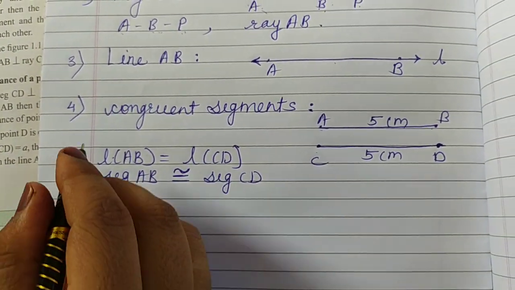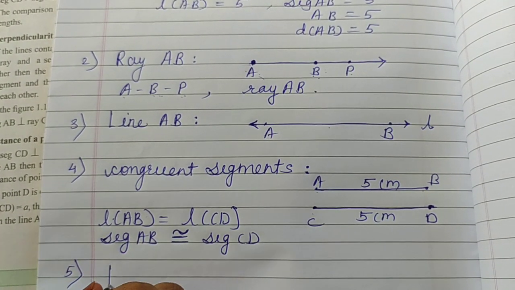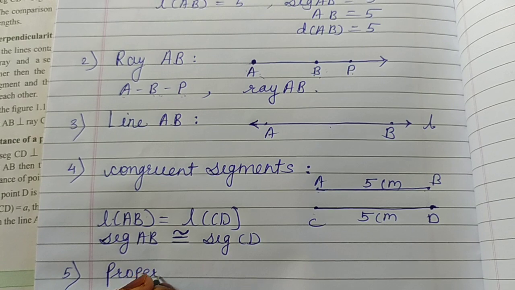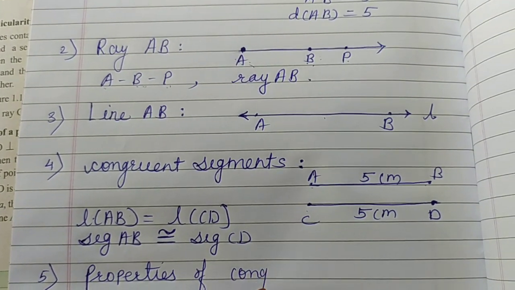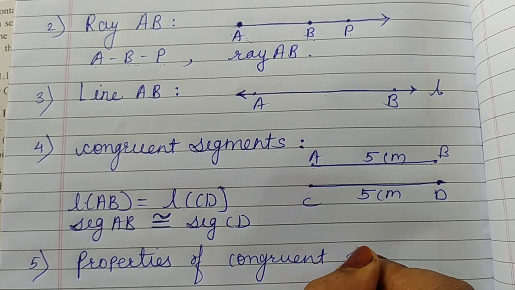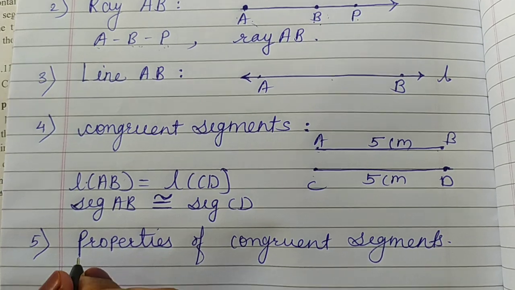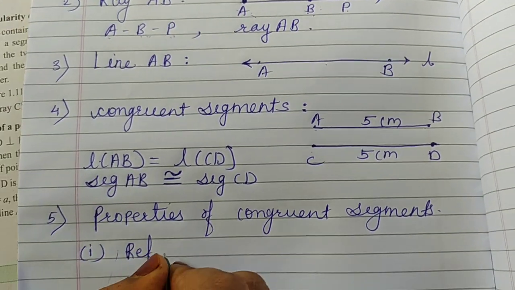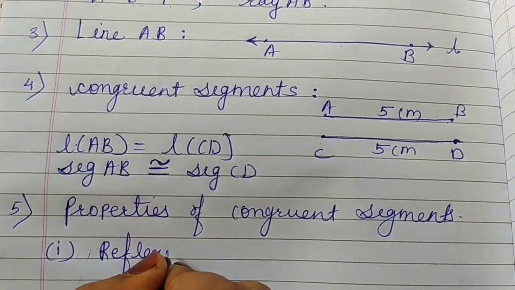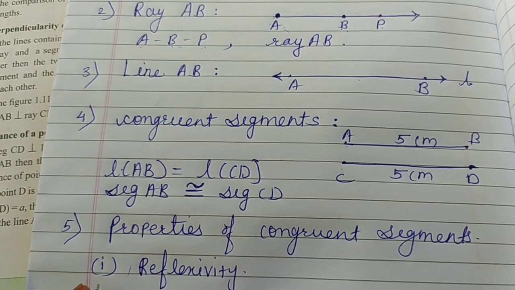Okay. Fifth point we'll see, properties of congruent segments. So first property is reflexivity. Reflexivity, that is what?